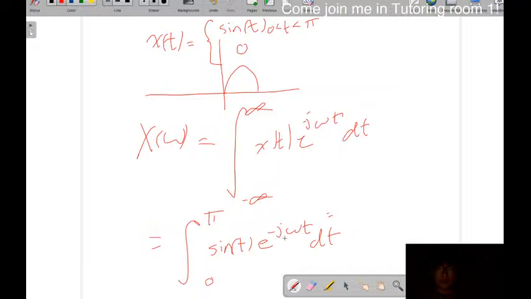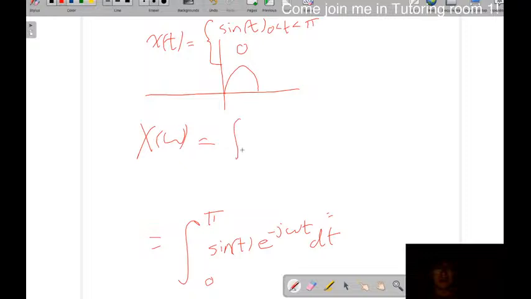Because remember that the complex exponential is just a sum of sine and cosine. So let me try and move some of this right quick. Okay, well, it looks like we're going to go back and forth.